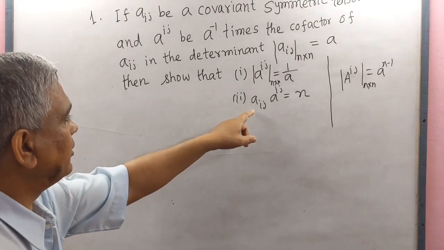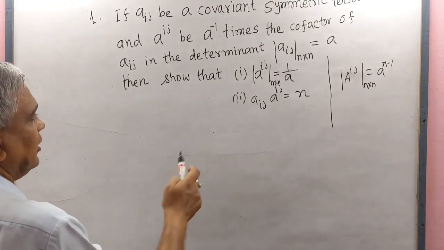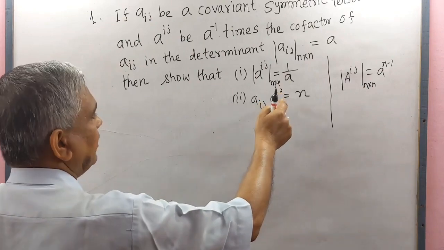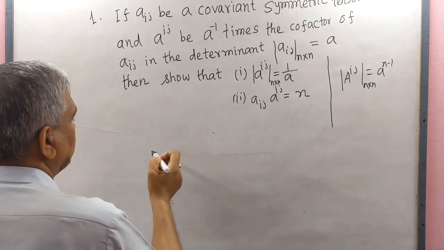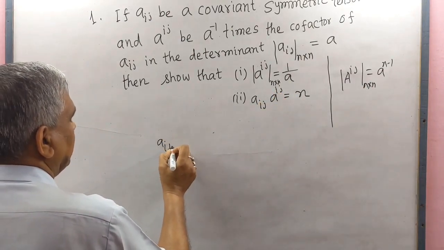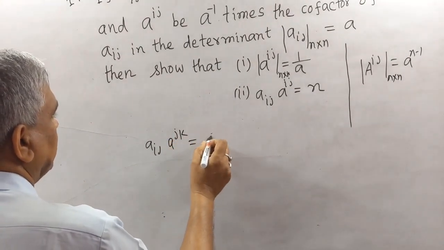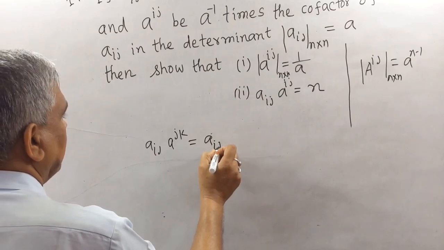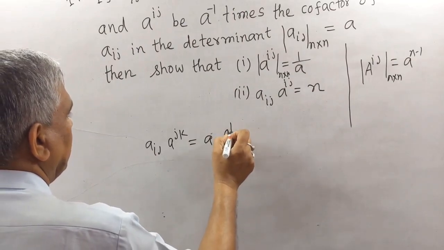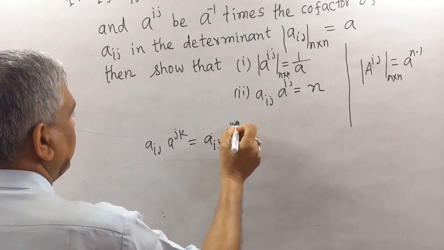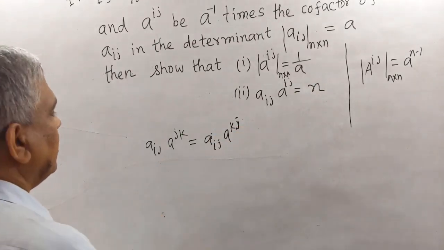Now we solve the next one: a_ij into contravariant A^ij equals n. We know that a_ij A^jk equals a_ij A^kj, as the conjugate tensor is symmetric.